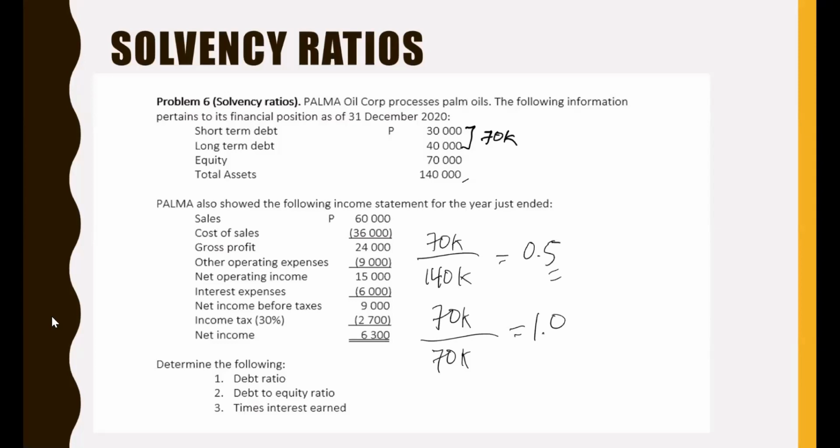It means for every peso of asset, the composition of capital, the invested capital, is partially financed by debt and equity. Actually, they have the same concept.